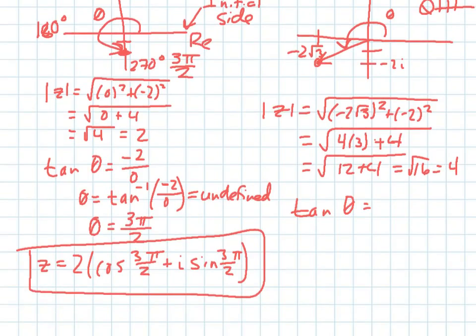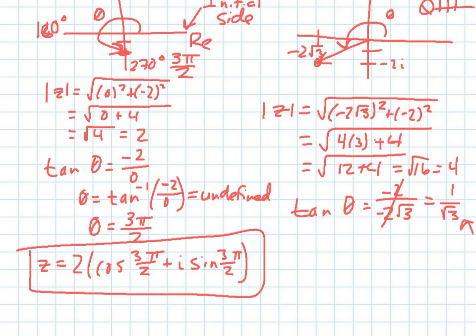b is negative 2 over negative 2 square root of 3. The negative 2's cancel out, so it leaves me with 1 over square root of 3. Now thinking about your ratios again for sine and cosine, what values get you 1 over square root of 3? You're in the third quadrant, so these are typically going to be nice numbers.